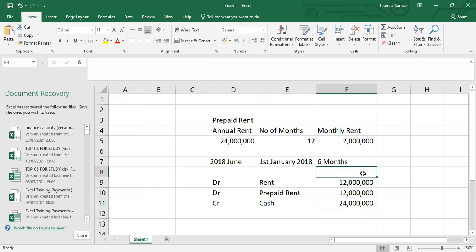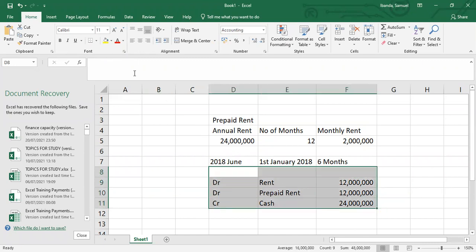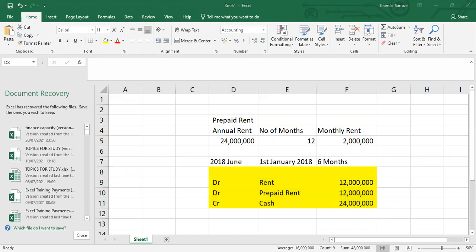You get it? Now, this is what somebody will do who understands the double entry.